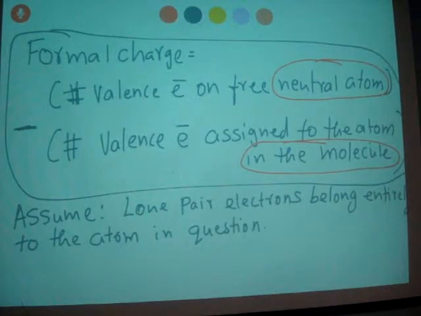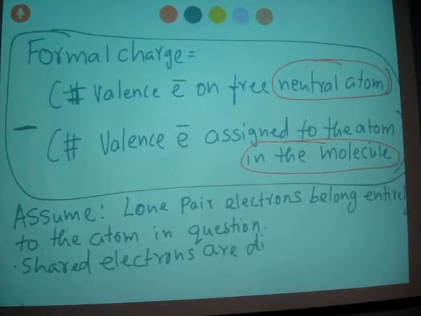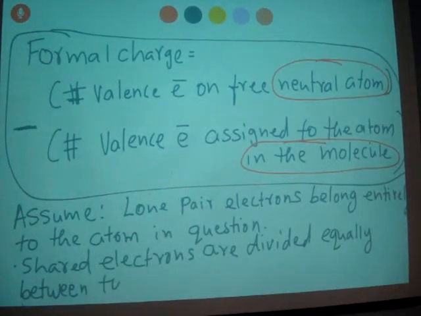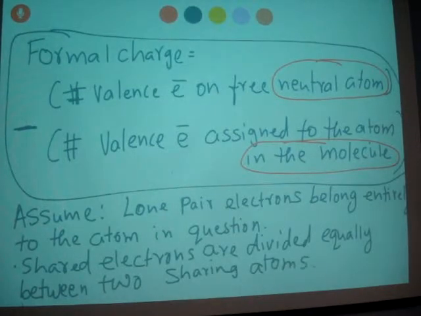We'll work on one of the examples. And shared electrons are divided equally between the two sharing atoms. So those are the assumptions that we need to follow.